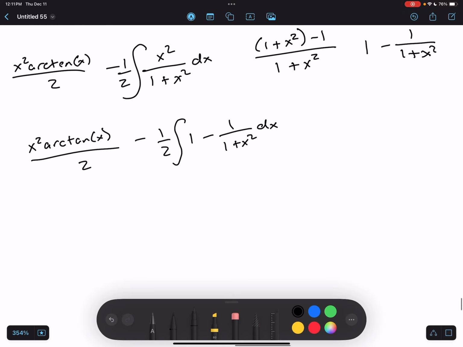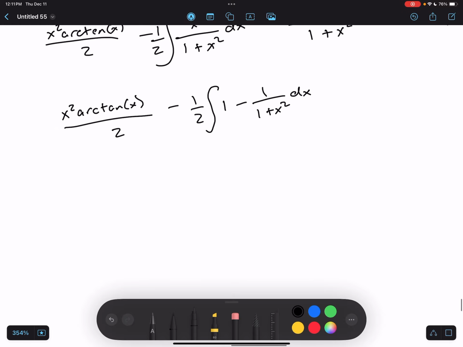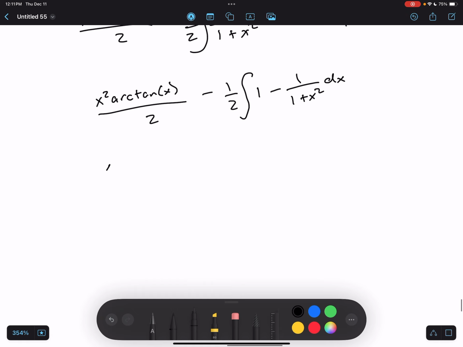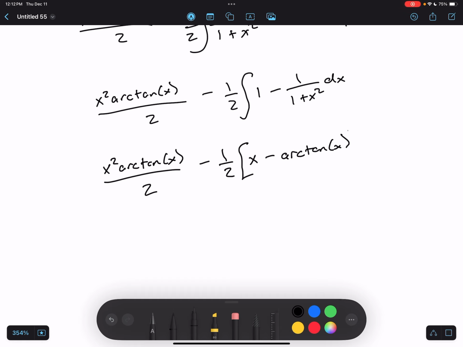Now, of course, this is easily splittable into two different integrals, this one resulting in just x, and this one resulting in arctan of x, because 1 over 1 plus x squared is simply the derivative of arctan. So what we now have is x squared arctan x over 2 minus 1/2 times, again, the integral of 1 with respect to x is x, minus the integral of 1 over 1 plus x squared with respect to x is arctan of x.